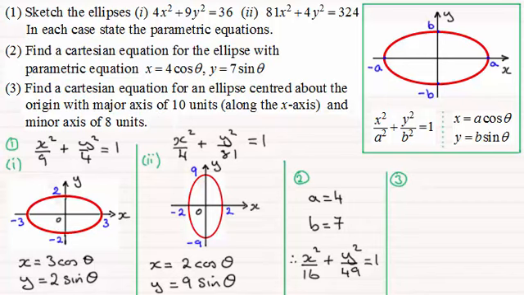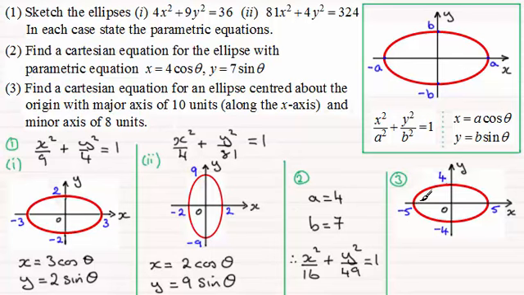So when it comes to the sketch, it's going to look something like this, with our major axis going from -5 to 5, so it's got a length of 10 units centered about the origin, and the minor axis had to have a length of 8 units, so it's going to go from -4 to 4. So from this we can see that A would be 5 and B would be 4.